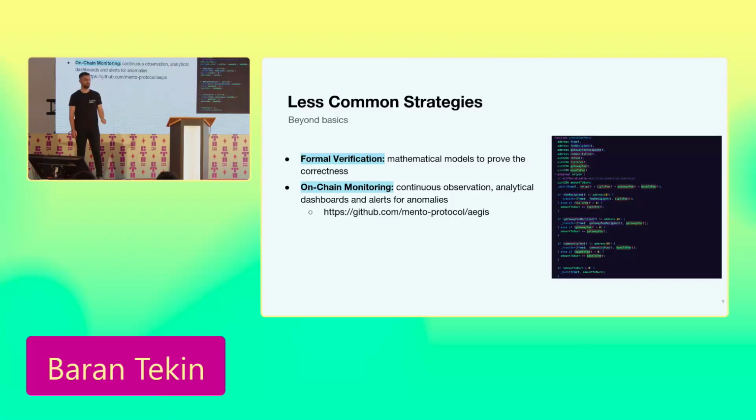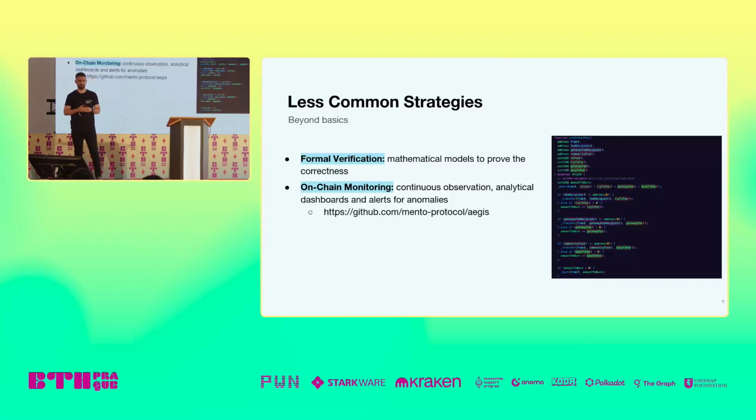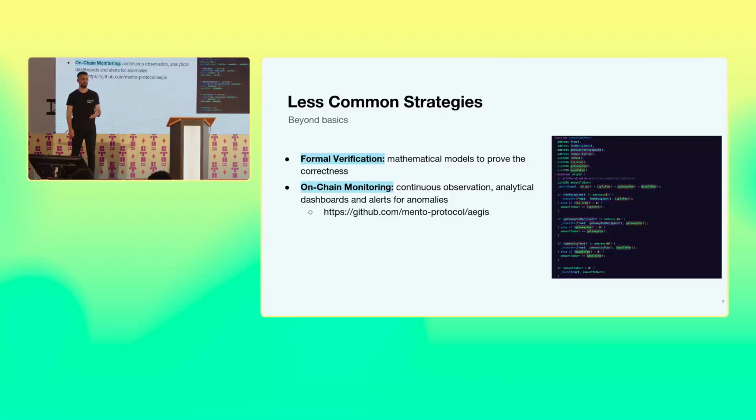Aegis is designed to expose on-chain view calls as Prometheus metrics, and you can ingest those metrics into your Grafana dashboard, and you can create very customized, very nice-looking dashboards using that. You can also use those metrics as Prometheus alerts.